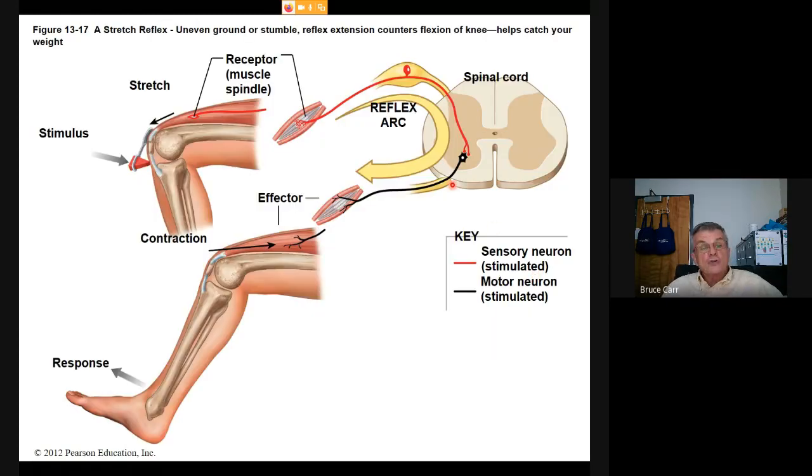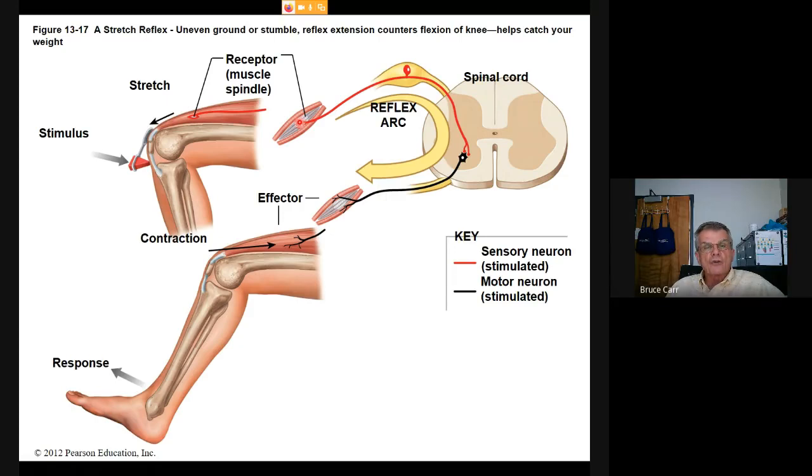The stretch reflex shown here, the doctor applies every time you go in and have a reflex test sitting on a table. When you hit this tendon, the one right under the kneecap, it jerks this tendon and this muscle. Now that's going to jerk a spindle receptor, and sensory nerves are wrapped into that spindle.